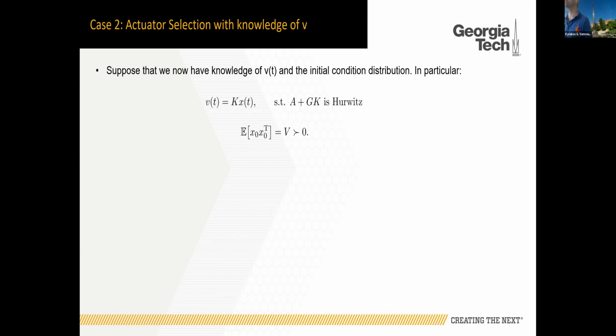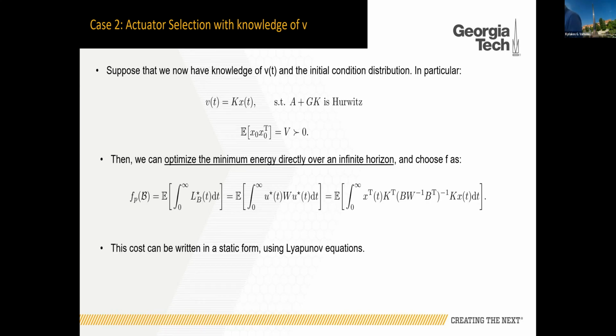So what we can do is optimize the minimum energy directly over this infinite horizon and choose phi as follows. So the F now, or phi, is given by this one. What I have done is substitute my u equal to Kx. Nothing too smart here.